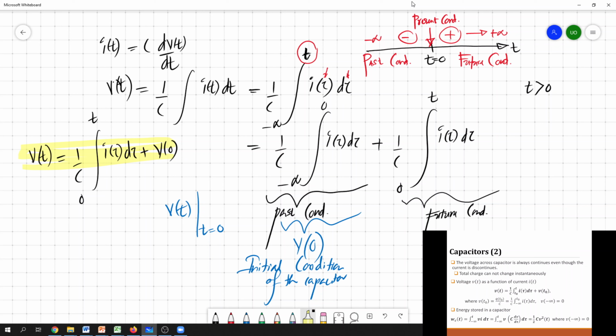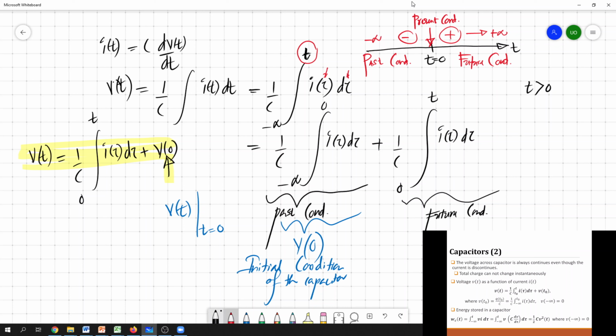C is the capacitance of the capacitor, then the integration of the current from 0 to t, and here you have this initial condition. Keep in mind, without this initial condition you will never get an exact expression for the applied voltage. All the time keep in mind this should be there.